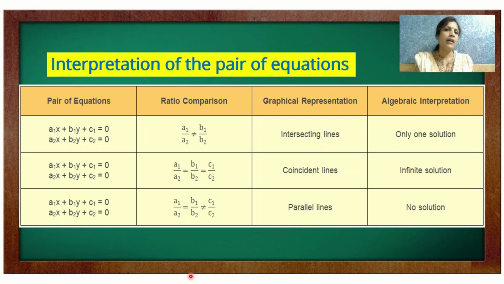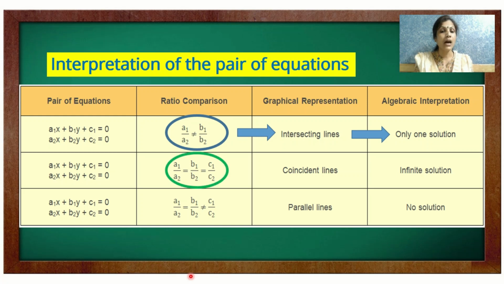Now, if you compare the given equations with the standard form, and if you get the ratios of A1 upon A2 and B1 upon B2 not equal to each other, the graph of the equations will be intersecting lines, and when the lines intersect each other, the given pair of linear equations will have only one solution. If we get all the three ratios equal to each other, that means when we draw the graph of both the equations, both the lines will overlap each other.